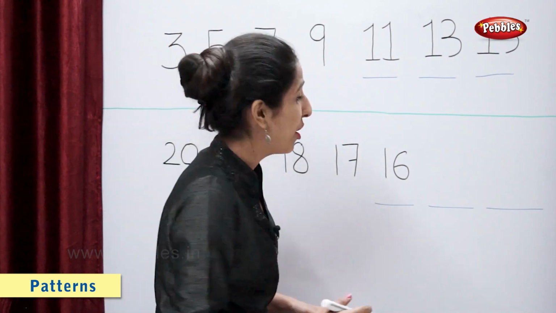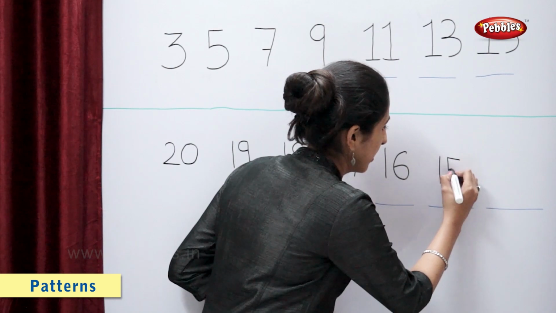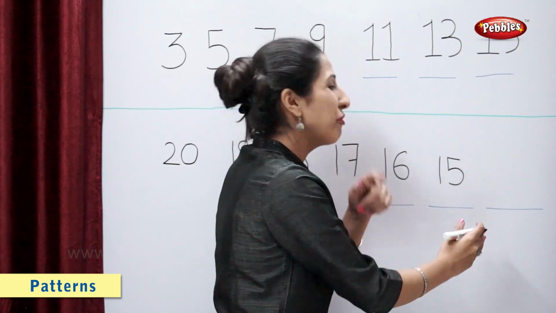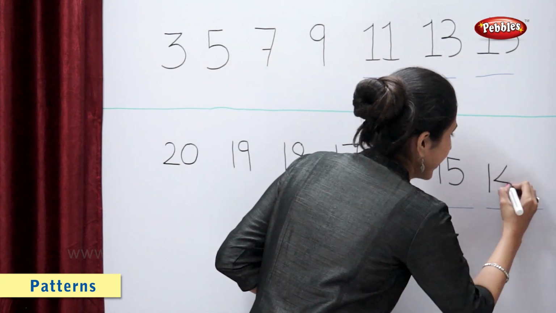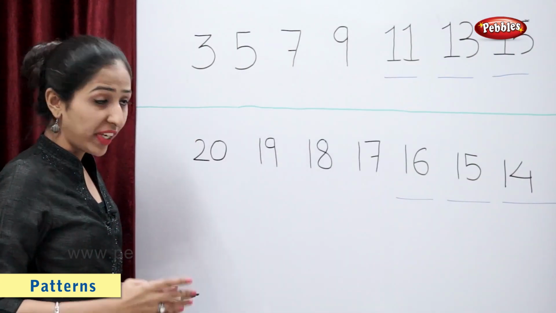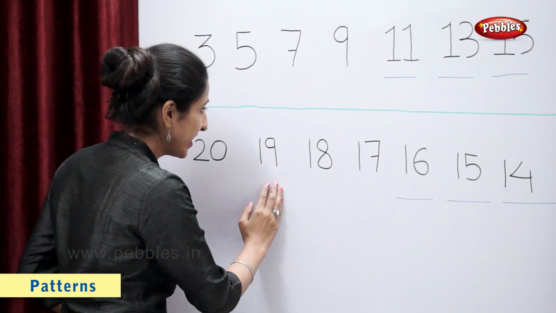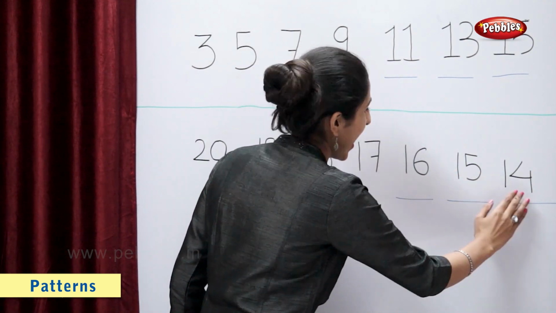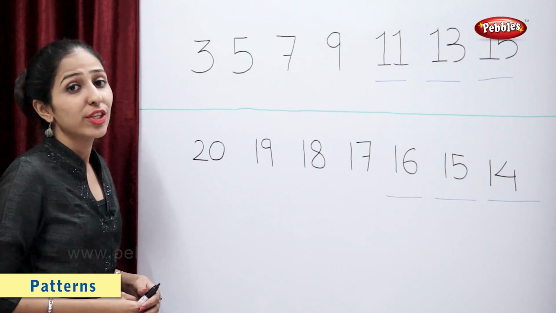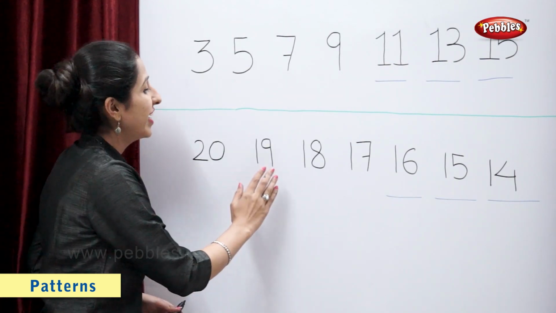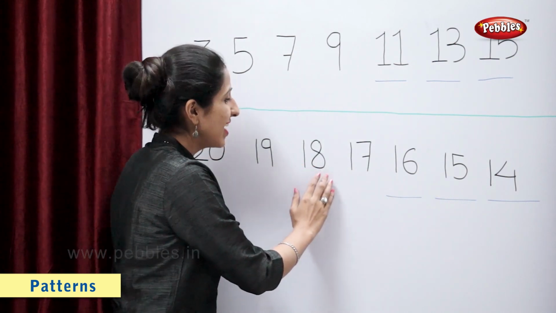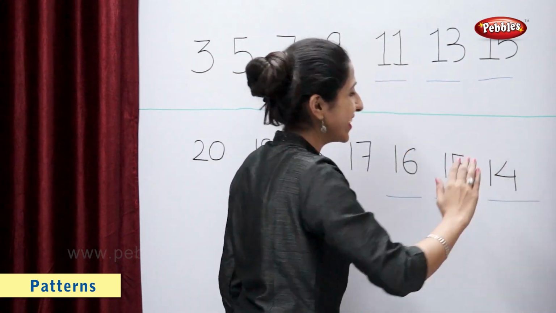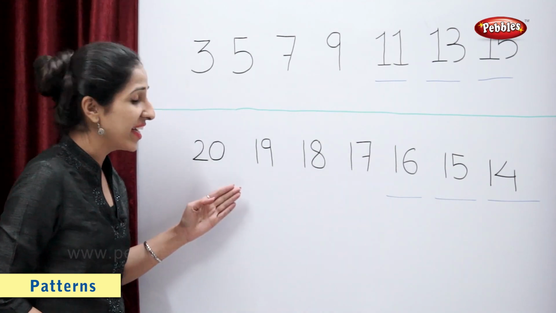That is number 15. Before 15, it's 14. So, we have 20, 19, 18, 17, 16, 15 and 14. So now this is a complete pattern.